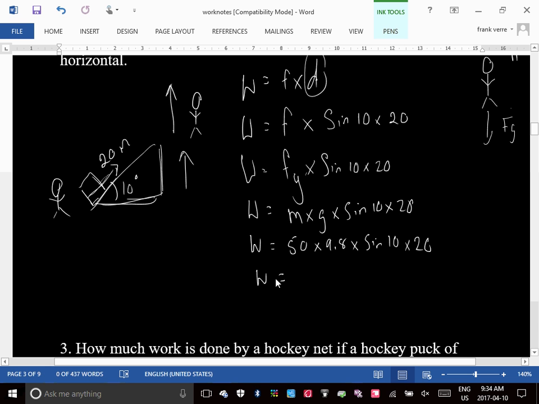And it should be at a constant rate. So what does that end up being? 1,715 joules.